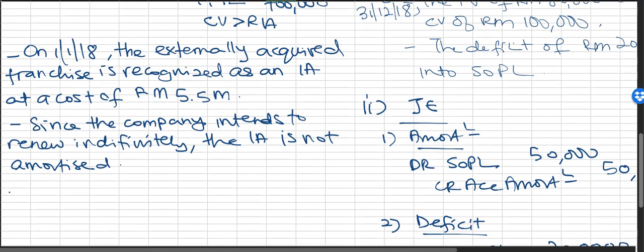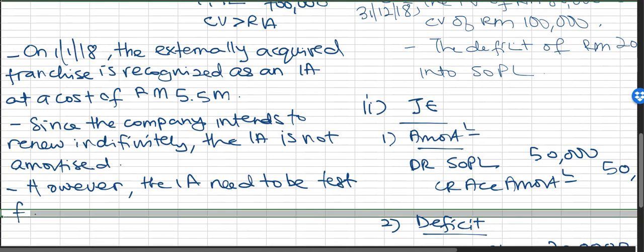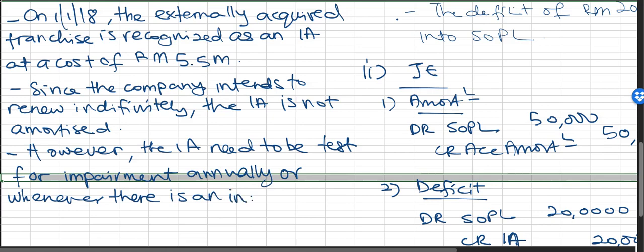However, the IA needs to be tested for impairment annually, or whenever there is an indication of impairment.